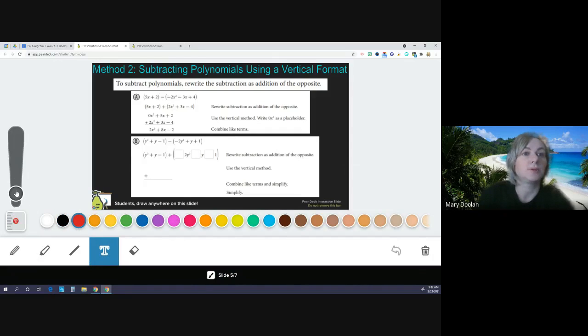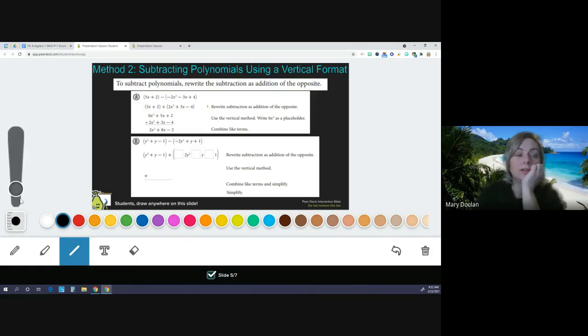Step 1. And that's where you have those things like drop the line, change the sign, or add the opposite. So that's what they did here.